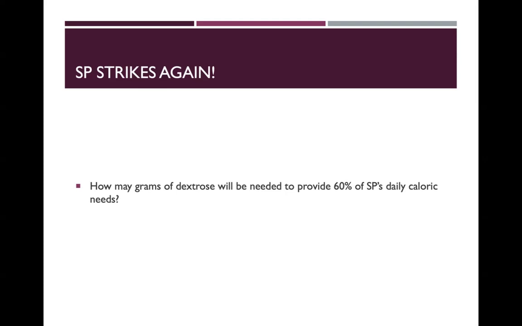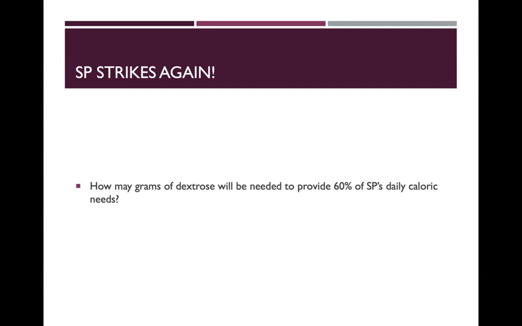Because we did calculate her TEE last lecture, which is 1909. We also calculated her non-protein caloric needs a second ago, which was like 1573 or something like that. So out of that 1909, 60% is going to be provided through dextrose.